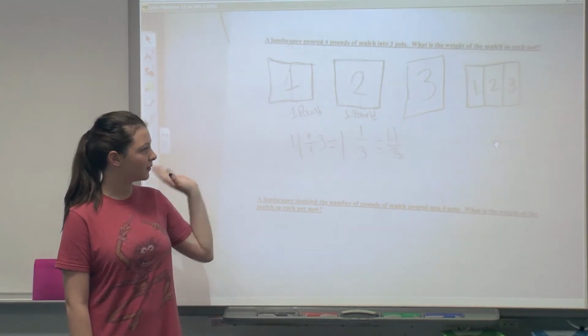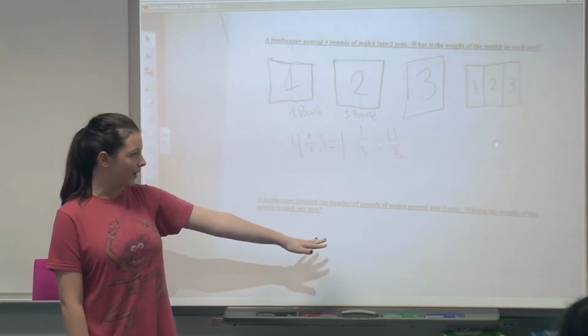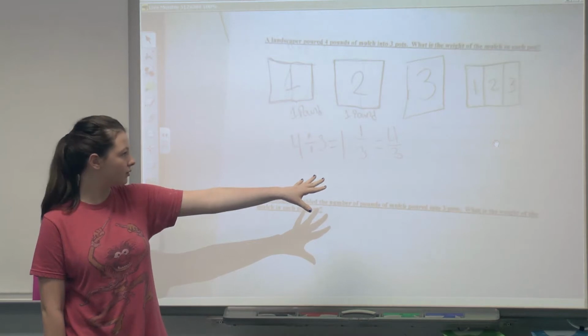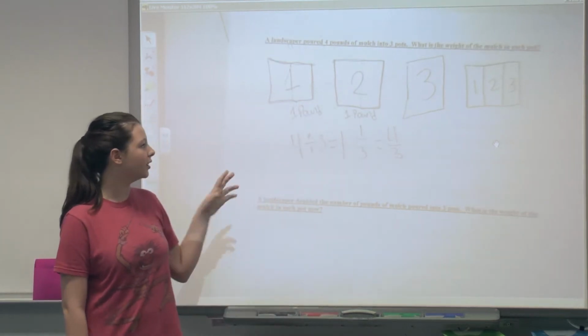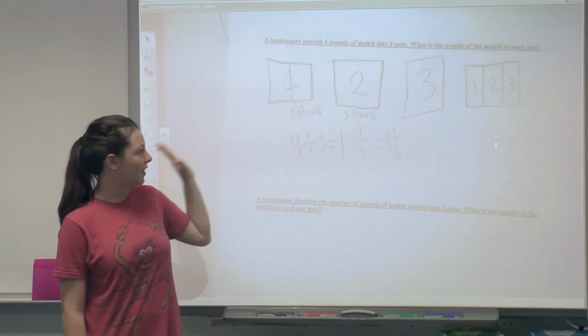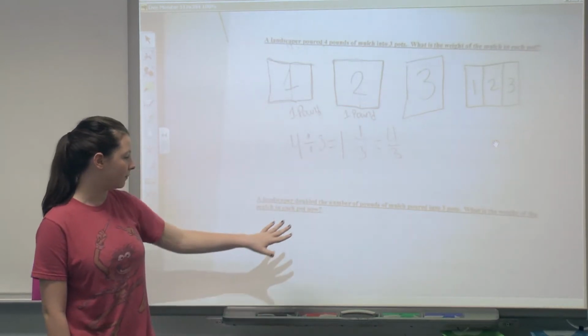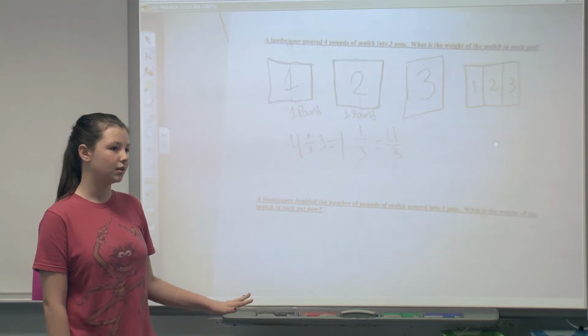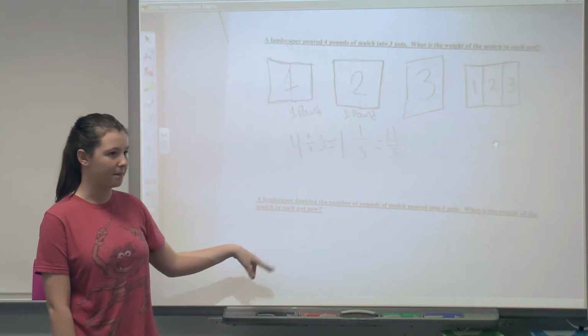I did 4 squares for 4 pounds. I didn't finish writing pounds under it, but you get the idea. We get the idea. And I knew that 3 of the pounds would go in, 1 pound each into 1 pot.